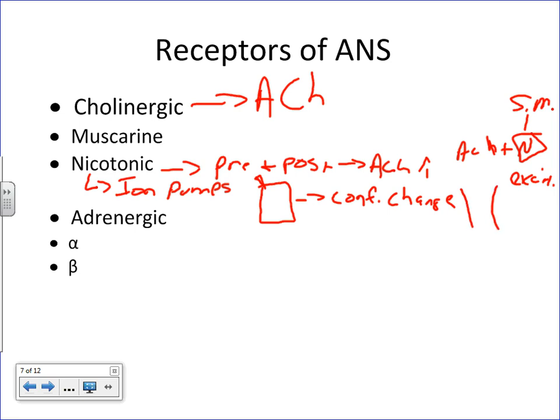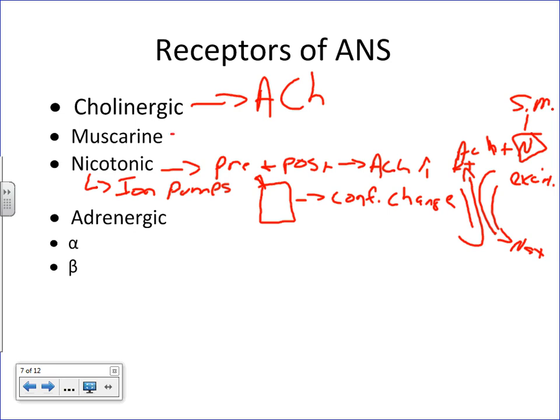That causes sodium to diffuse down its electrochemical gradient and potassium down its electrochemical gradient, i.e., sodium in, potassium out. If you understand membrane potential, you'll understand why that's an excitatory action.